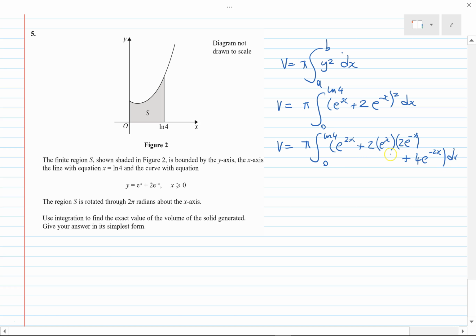Notice this is a constant term. We've got 2 times 2, but e to the x times e to the minus x is equal to 1. So that's going to be 4 in the middle.